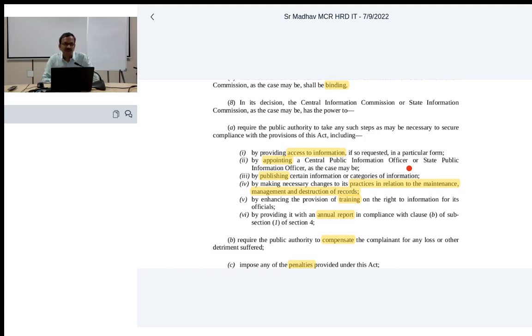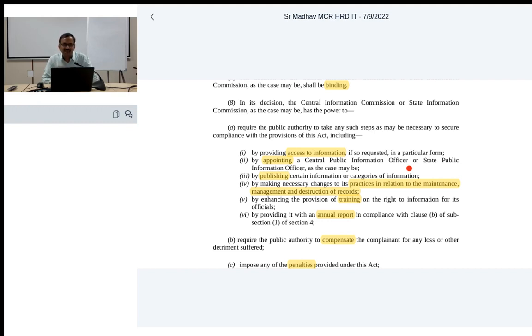They can direct the public authority to publish certain categories of information. They can also direct public authorities to reform their record maintenance and management policies, and they can recommend enhancement of training provisions. They can direct the public authority to provide training on the right to information to the public information officers and other officers.